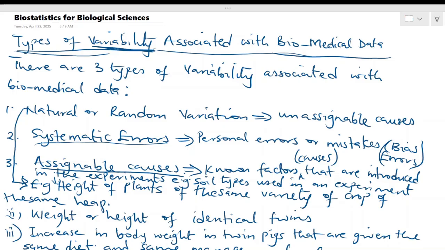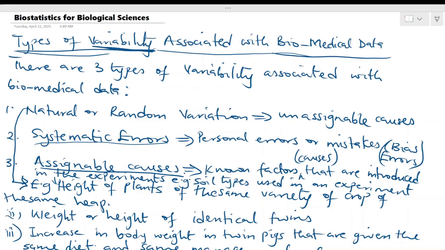So generally, total variation in any set of measurements can therefore be written as follows. We'll look at that on the next page. There is a relationship between the total variation with respect to the assignable causes, bias, and random errors.